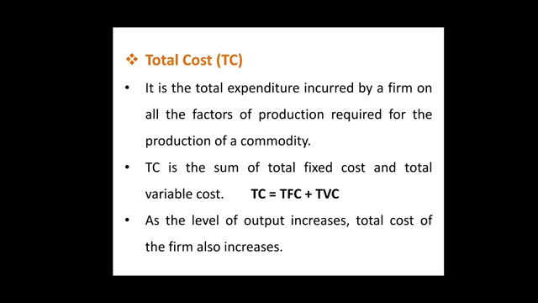Thus, total cost, that is TC, is equal to total fixed cost, that is TFC, plus total variable cost, that is TVC. Total cost of a firm also increases with the increase in the level of output, as there is a change in total variable cost.